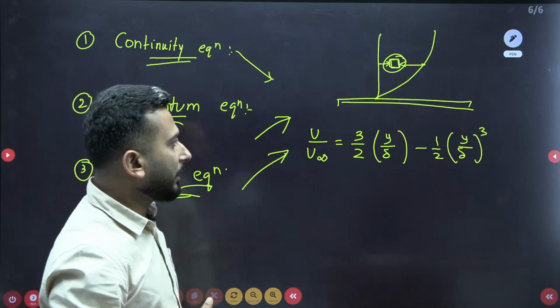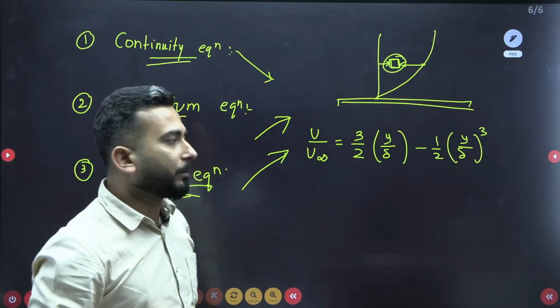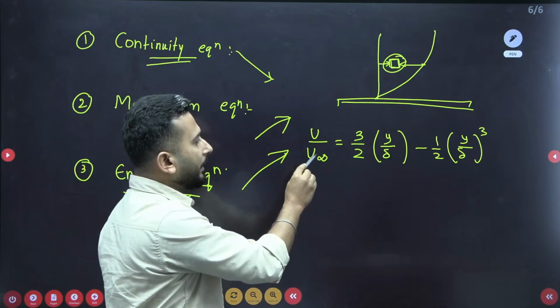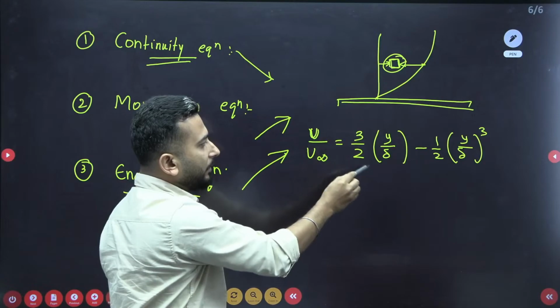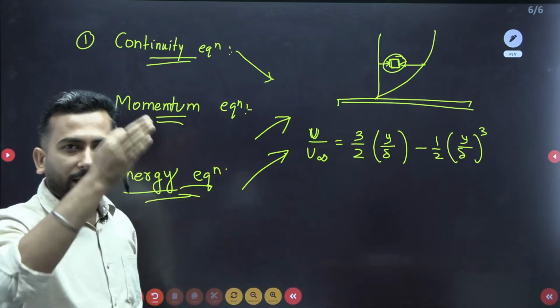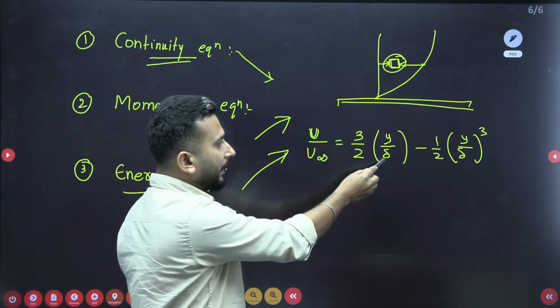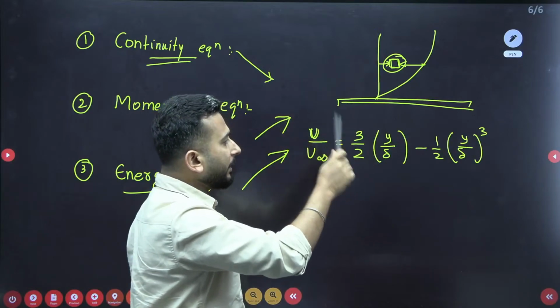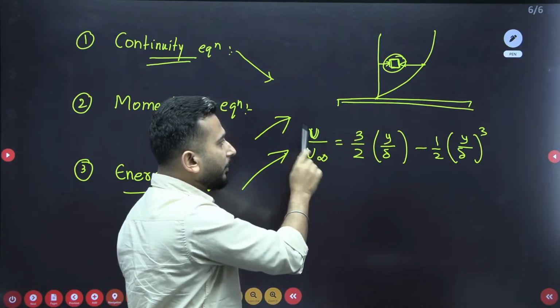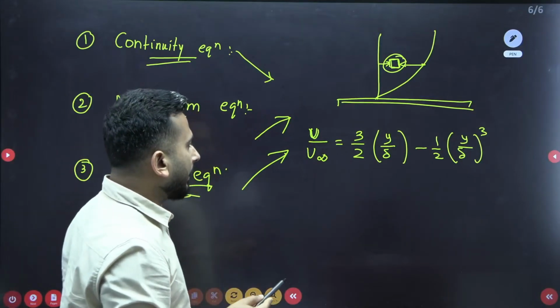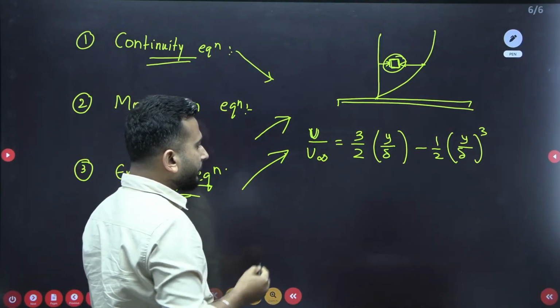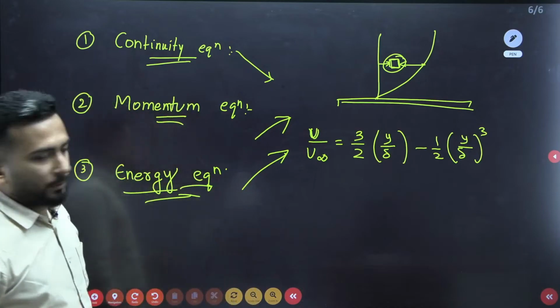This is the most common, most used profile for velocity, where you can find the velocity at any y. What is delta? Delta is the thickness of the velocity boundary layer. At any y, you will be able to predict the velocity. That is the nature of the curve.